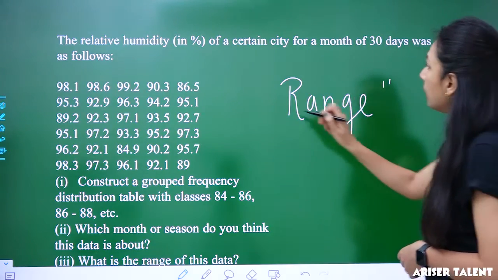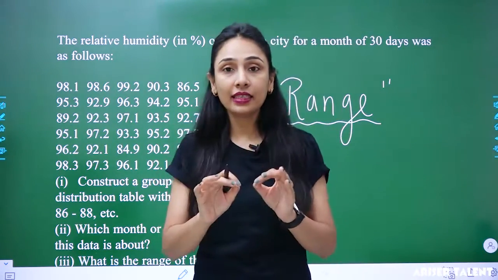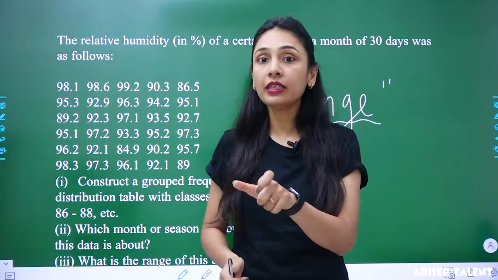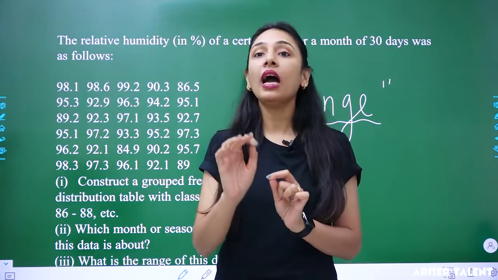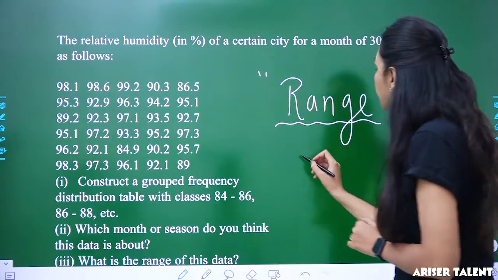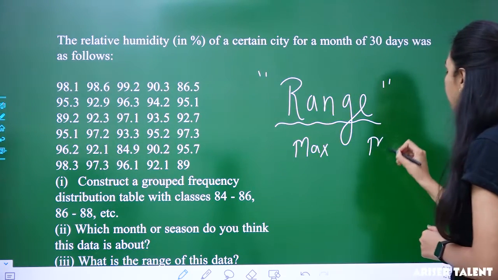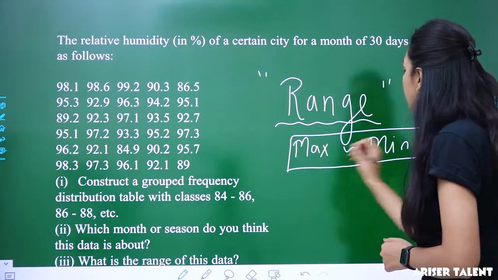You're provided with the data, and in that data you're going to find out the minimum and the maximum one, and you have to find the difference between the minimum value and the maximum value. The difference between maximum value and minimum value is known as what?